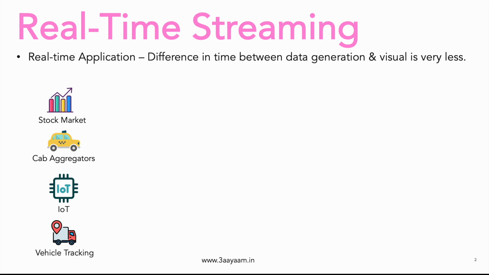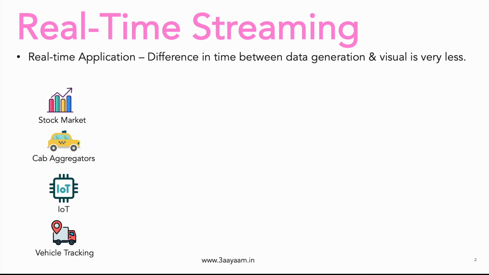It cannot go to more than 60 seconds because in that case it does not remain near real time anymore. But of course, the definition of near real time depends from organization to organization. In most cases, in a generic way, near real time is considered to be a few seconds or maybe a few tens of seconds, not more than that.